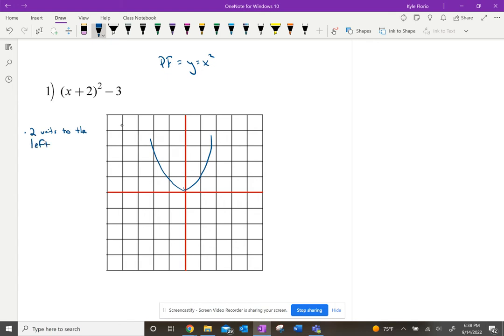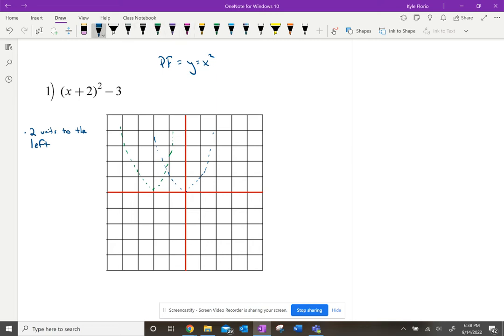So I'm going to use a dotted line. This is the original parent function. And then we're going to go to the left 2. Let's do it in this color. And then the minus 3 means bring it down 3.